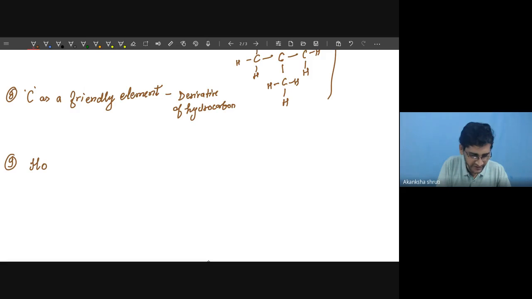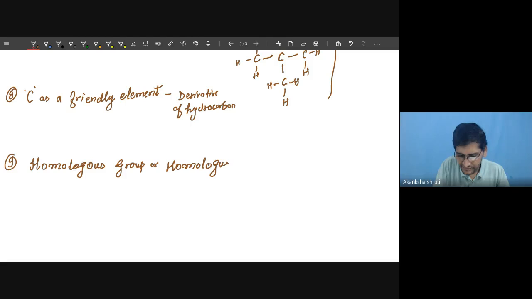So this is the other unique property: homologous group or homologous series, whatever the term used.